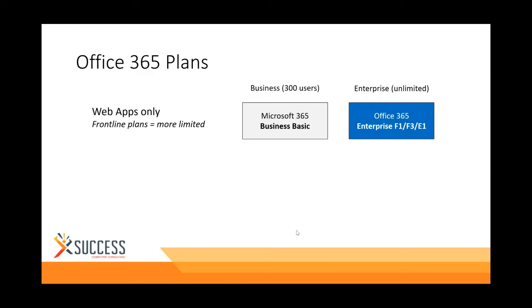They're not really expected to be doing much editing of documents and so on. F3 users will also have edit capability, but they're still going to have certain limitations like a 2 GB limit for their mailbox, OneDrive, and so forth. Whereas the E1 plans contain full-fledged feature capabilities and large mailboxes, 50 gigabytes, and so forth. So you have a lot more just capacity with some of those subscriptions.